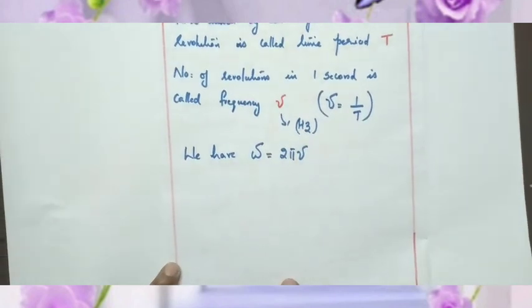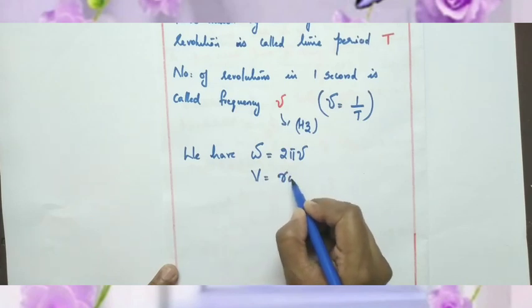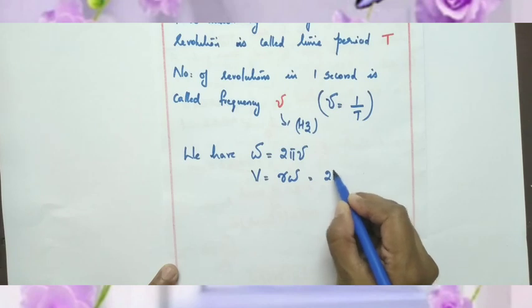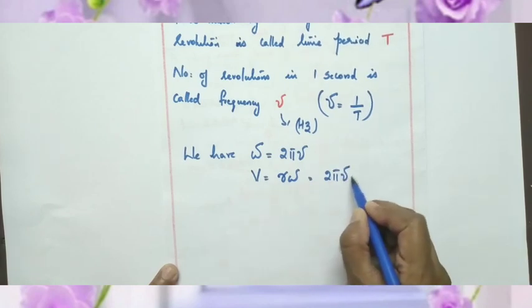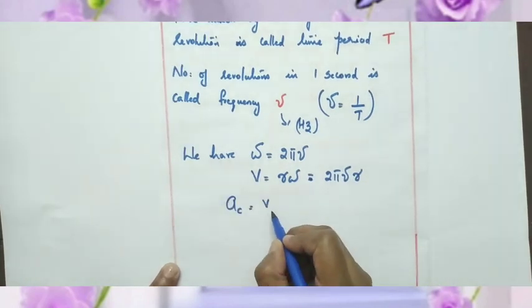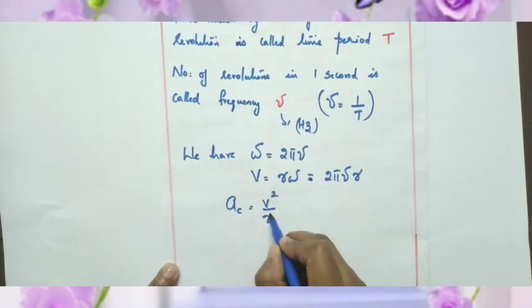Now we have the linear velocity v equal to r omega, that is r into 2 pi nu. So velocity can be written as 2 pi nu into r, the radius of the circle. We have the centripetal acceleration a_c equal to v square divided by r.